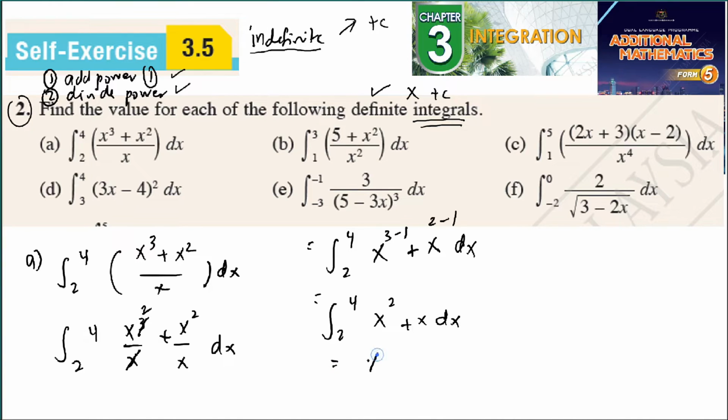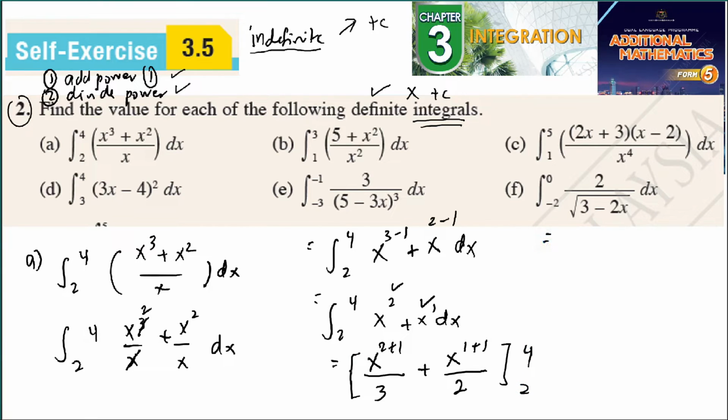You add 1 to the power, then it will be 2 plus 1, and divide with 3. Okay, and now the next one, which is x. x is actually x to the power of 1, right? So 1 plus 1 is 2, divided by 2. So you are done. Now you close it from 2.